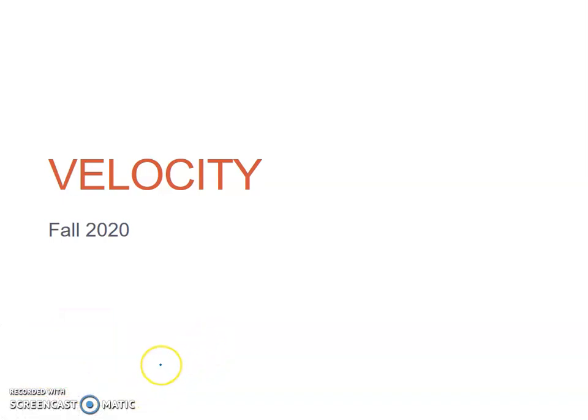So let's say speed or velocity is distance over time. And let's say you know that your speed is about 60 miles an hour, or better yet, 65 miles an hour. And you've been traveling for 3 hours, so you know what your time is. You want to know how far you go.